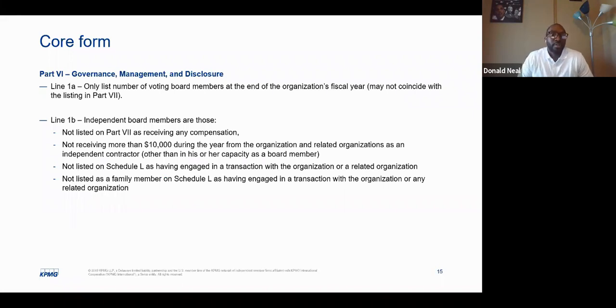As I mentioned earlier, Part 6 goes over governance, management, and disclosure. Line 1A talks about your voting board members at the end of the organization's fiscal year. Now, this may not coincide with the listing in Part 7.